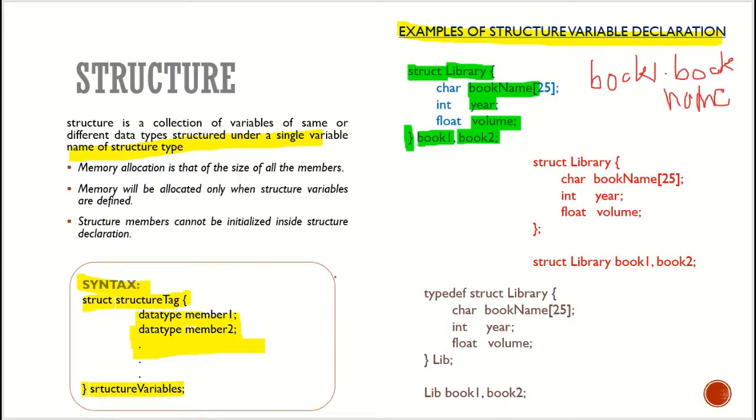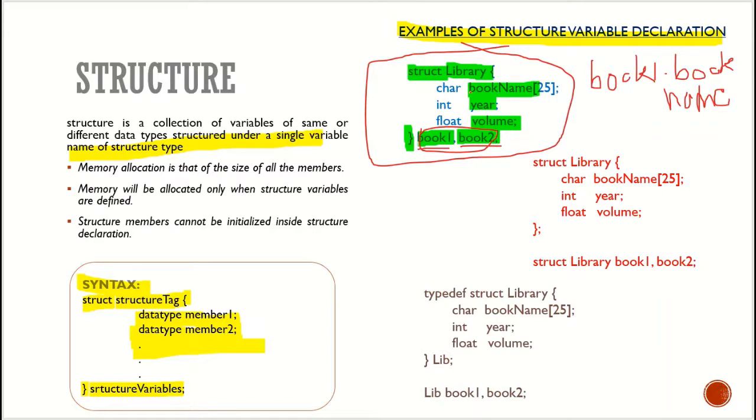To access the first member of the struct library of book1 we can use book1 dot book name. To access second member it is book1 dot year, third member is book1 dot volume. Similarly, the book2 members can be accessed like book2 dot book name, book2 dot year and book2 dot volume. This is structure declaration and structure variable definition.